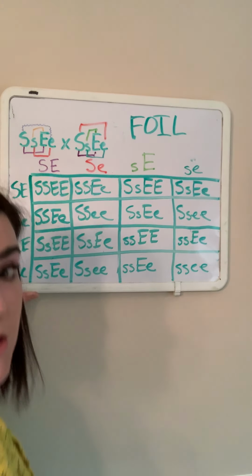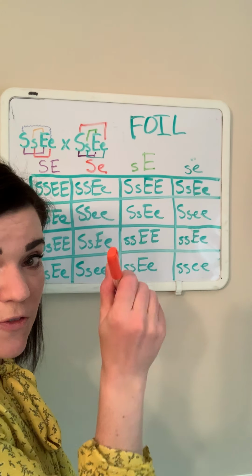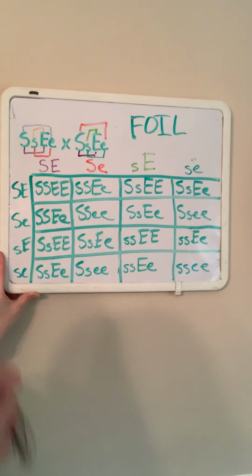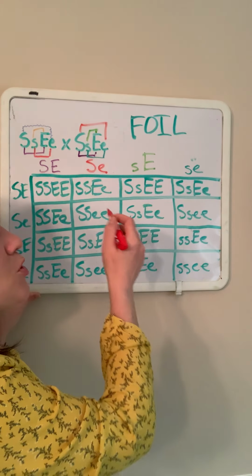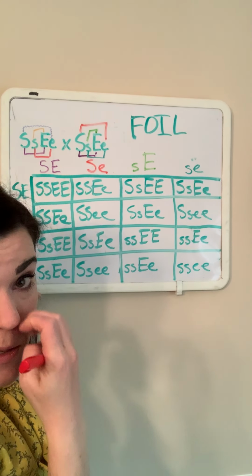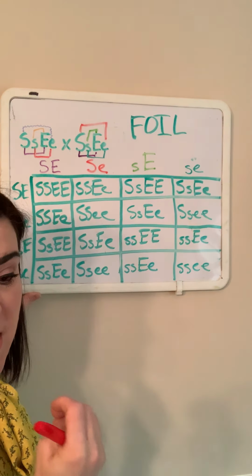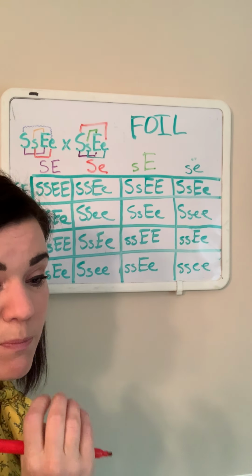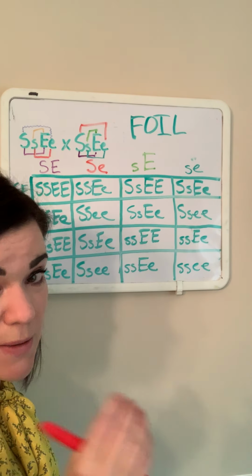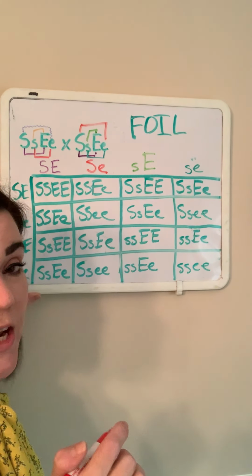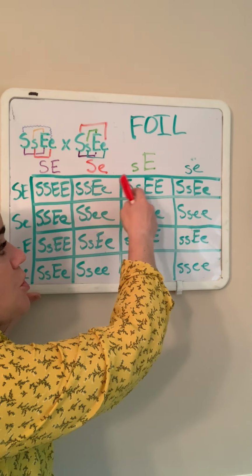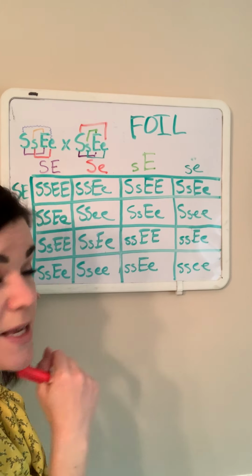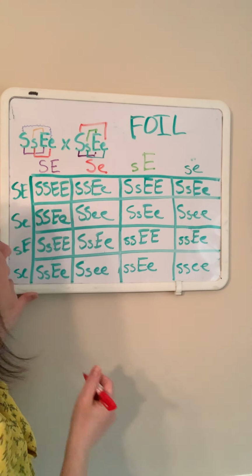When you're doing these problems, you can also choose different colors and go through to mark the different phenotypes. This problem is asking specifically how many spotted and floppy babies there are. Those are both recessive traits, so the first two letters need to be lowercase s, and the second two letters need to be lowercase e.